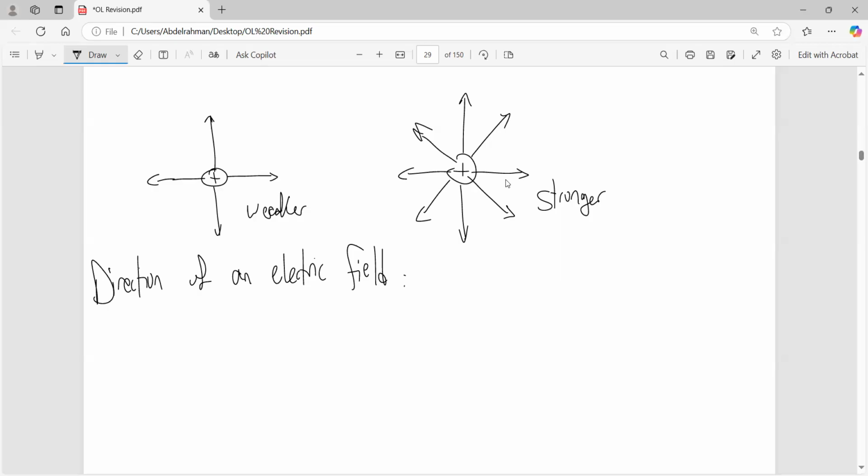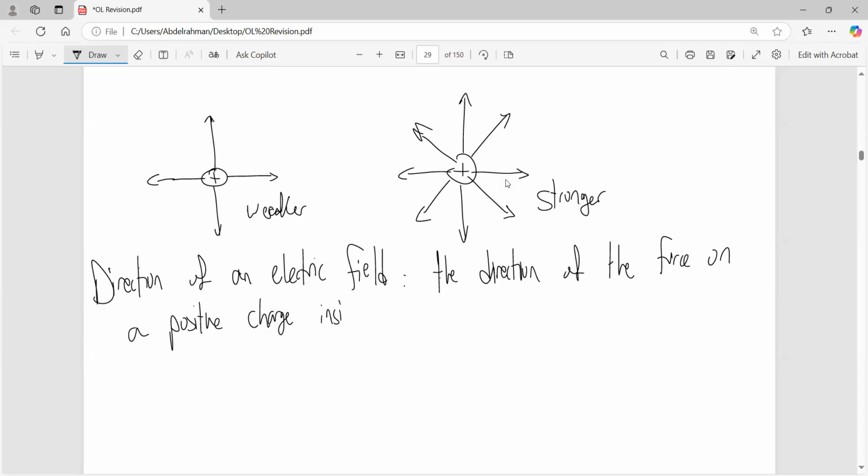The definition is the direction of the force, not the motion, on a positive charge inside the field.